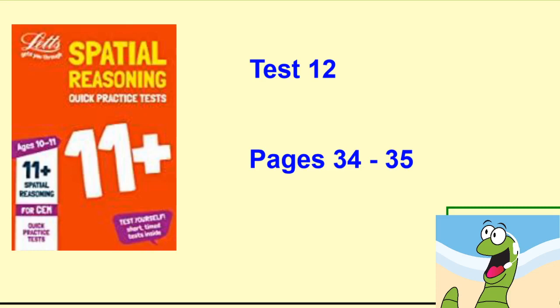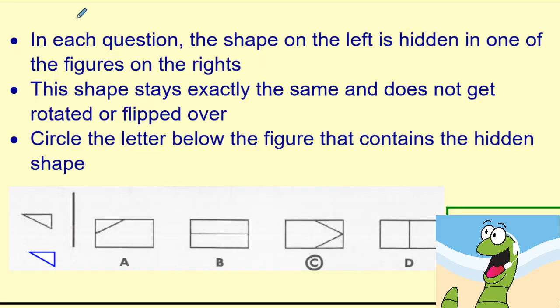And finally, test 12, pages 34 to 35. Okay, let's have a quick look. Some important things here to remember. Each question, the shape on the left is hidden in one of the figures on the right. It says right. Never mind, it should say right.